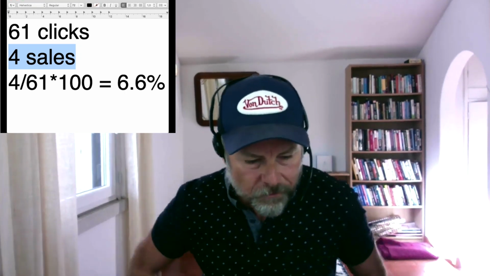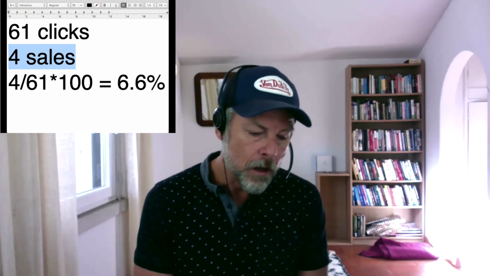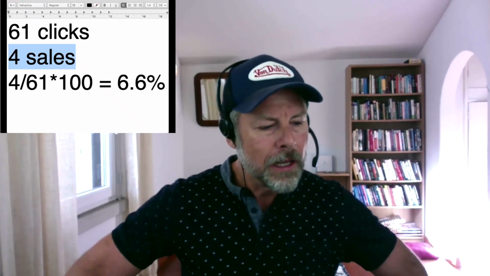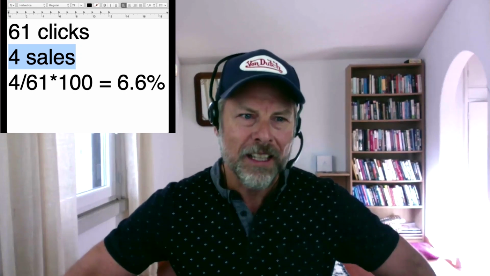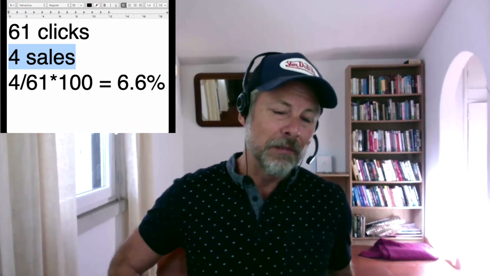So here's the thing. The most important thing you can do with your Amazon PPC campaigns is not to set them up, it's to optimize them. The money is made in the optimization. The money is not made in the setup. That's not what everybody does. The setup is easy.